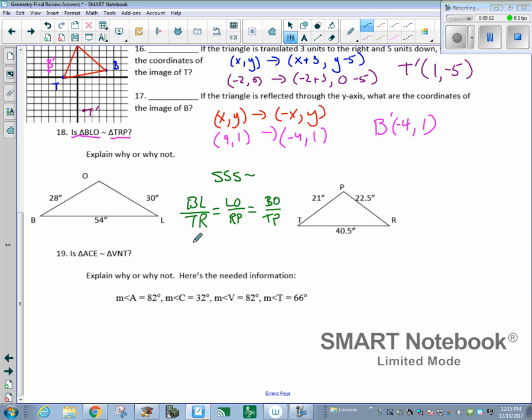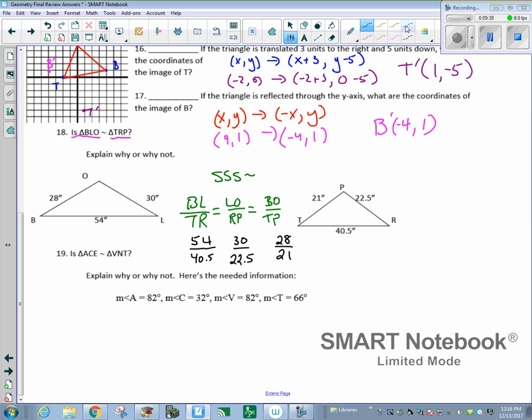So BL is 54, and I'm going to divide that by 40.5. And if that is the same as LO, which is 30, divided by PR, 22.5. And if BO, the 28, divided by TP, which is 21, if all of these come out to be the same ratio, the same fraction, then these will be similar.